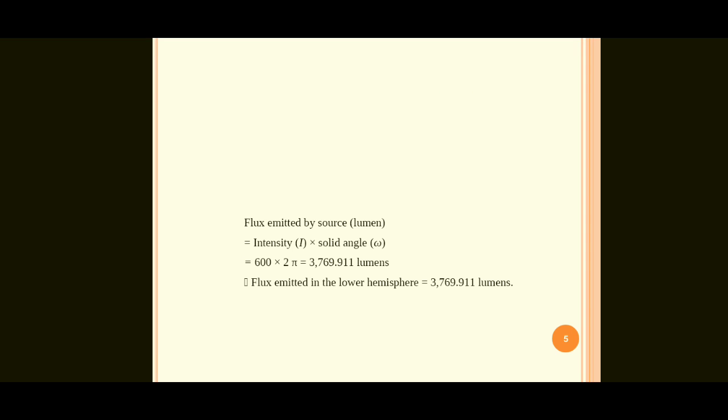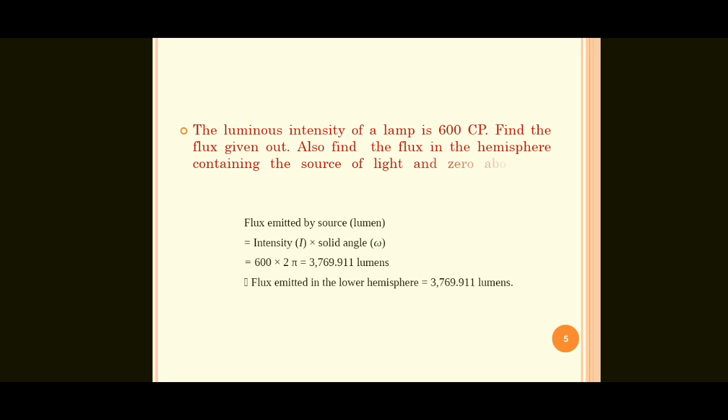Next one. The luminous intensity of a lamp is 600 candle power, and also find the flux in the hemisphere containing the source of light and 0 above the horizontal.